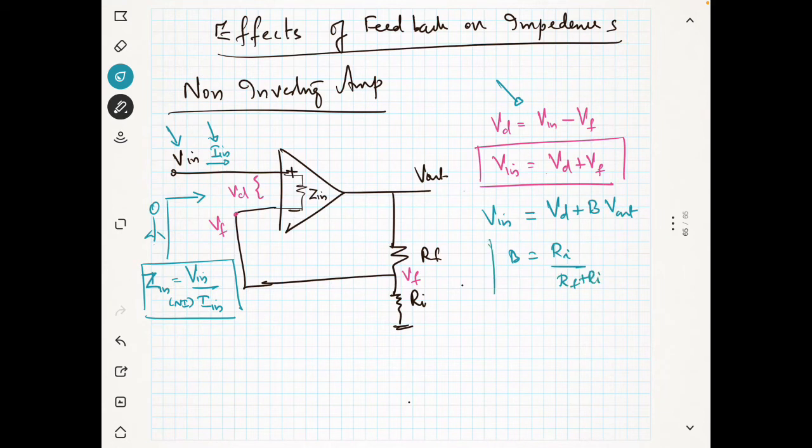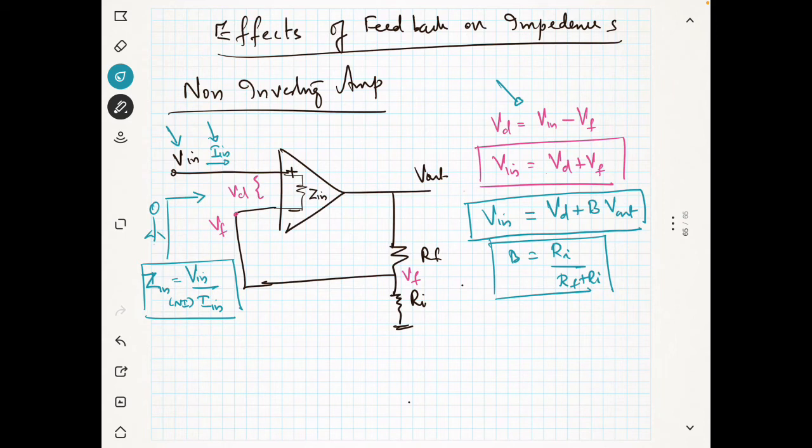We have seen this many times. So Vin is equal to Vd plus beta times Vout.